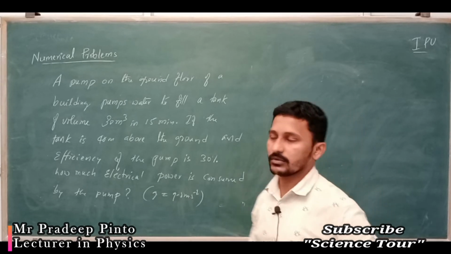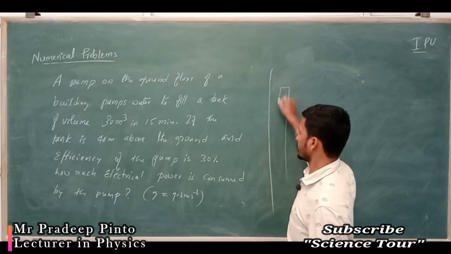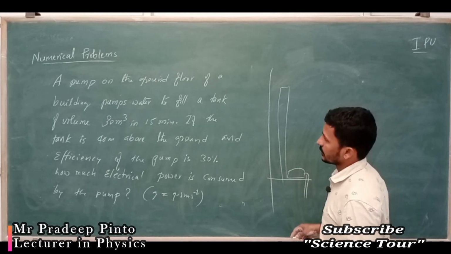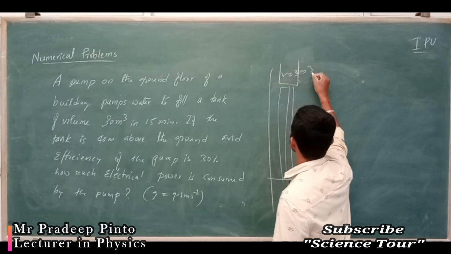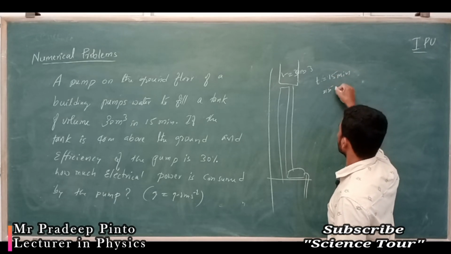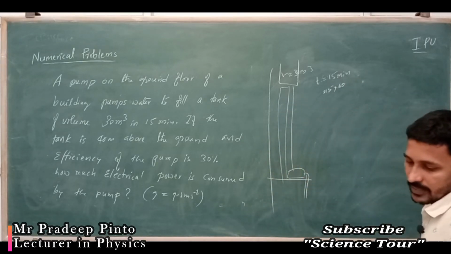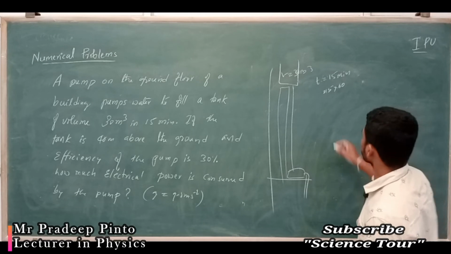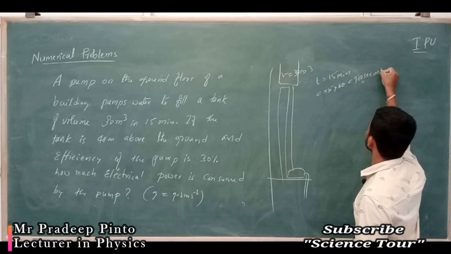So we have one more problem. A pump on the ground floor of a building pumps water to fill a tank of volume 30 meter cube in 15 minutes. 15 minutes means 15 into 60 seconds, isn't it? That is 900 seconds.